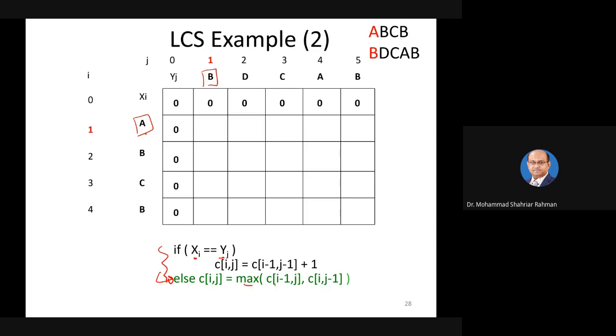We take the maximum. C i minus 1 j, C i j minus 1. So I minus 1 j, right 0 হবে স্যার। and I j minus 1. So compare these two. Both of them are 0, so we just take 0. Okay. Compare B with A. Right? I j minus 1, I minus 1 j, and we take 0.